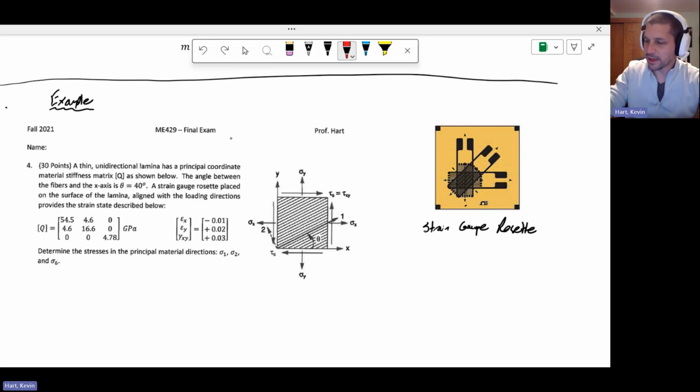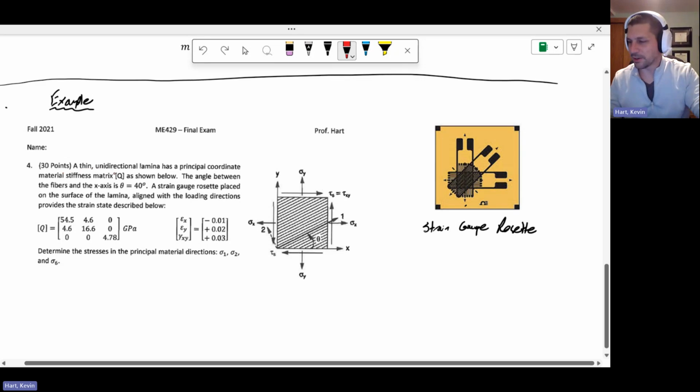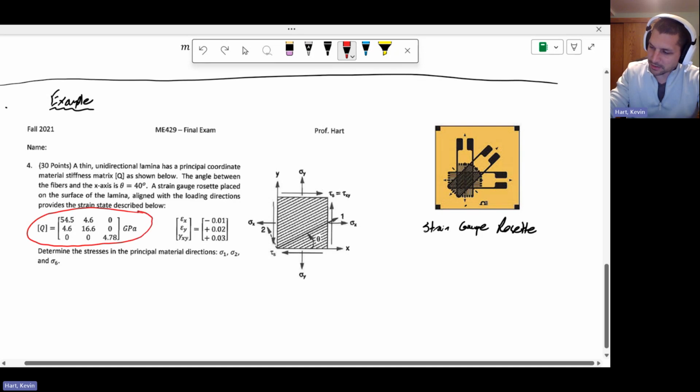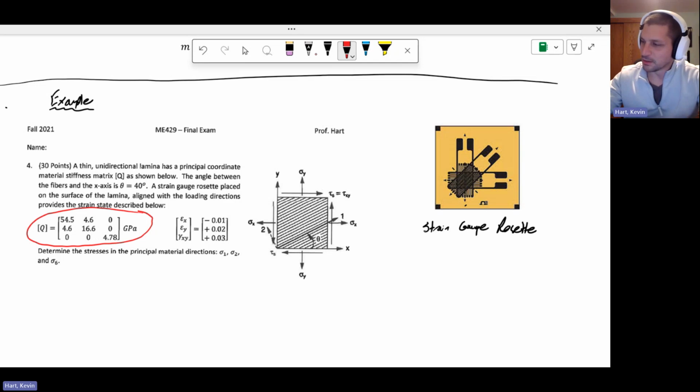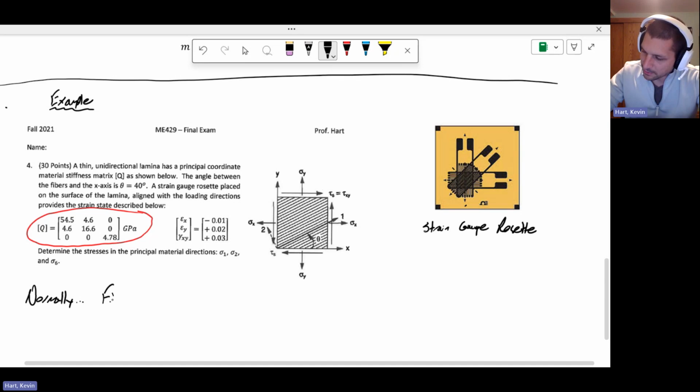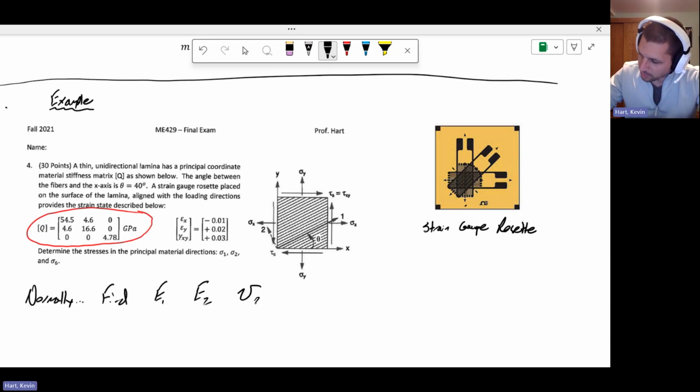Okay. So here we have a thin unidirectional lamina has principal coordinate material stiffness matrix Q as shown. So this is quite nice, right? The problem here is giving us the in-plane stiffness matrix Q. Normally, you'd have to know things. You'd have to find like E1, E2, nu 1, 2, and G1, 2 from Halpin-Tsai.